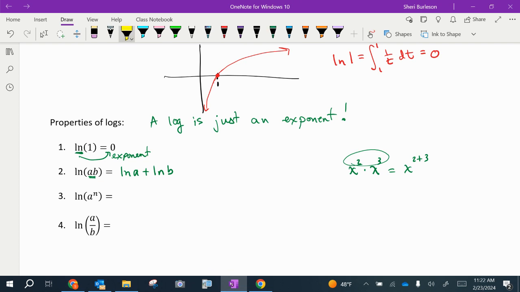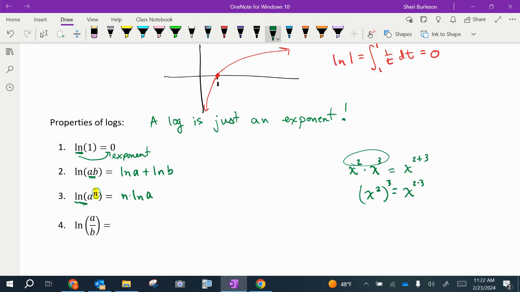If I'm multiplying with like bases, I add the exponents. And then here I have a power n on a, and ln is talking about an exponent, and the n on the a is also an exponent. So when I raise a power to a power, I multiply my exponents. So I get 2 times 3, or I would get x to the 6th. So one of my exponents is ln of a, and the other exponent is n.